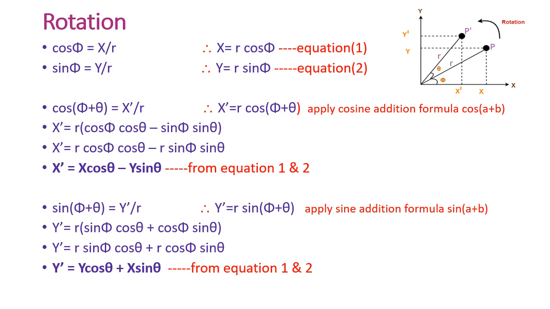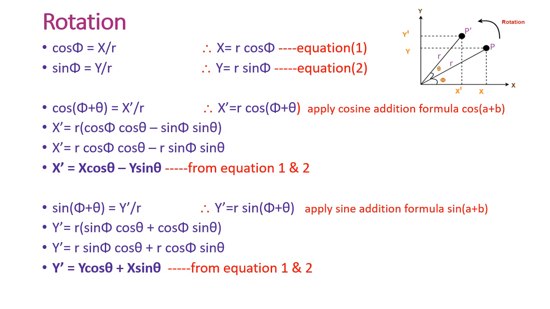Now in the same way we calculate sin of phi plus theta. So sin of phi plus theta is equal to y dash upon r. Now we solve this equation for the y dash value. So y dash is equal to r sin of phi plus theta. Now again we apply the sine addition formula, that is sine of a plus b. So we get y dash is equal to r times sin phi cos theta plus cos phi sin theta.